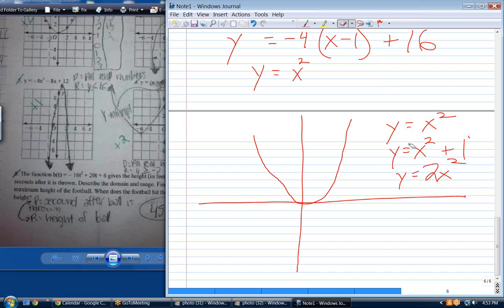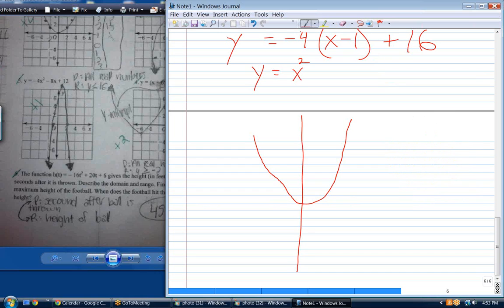Okay? Now let's talk about horizontals, because there's the same 2 things for horizontals. There's horizontal shifts, which don't change the shape, and there's horizontal stretches and shrinks, which do change the shape. Okay, if this is y equal x squared, y equal, in parentheses, x minus 1 squared, notice that this is completely different than x squared minus 1.